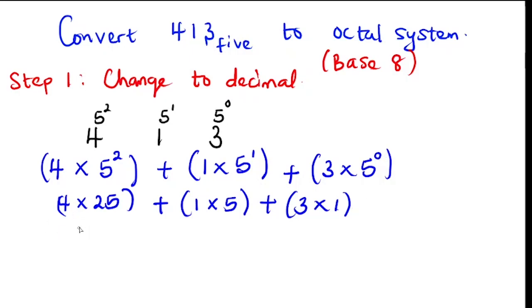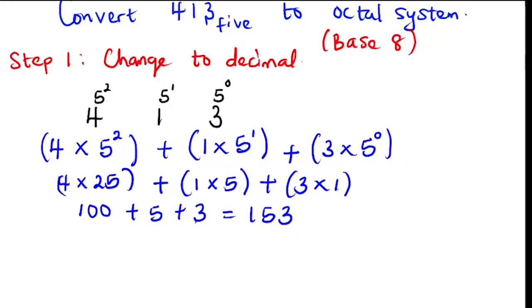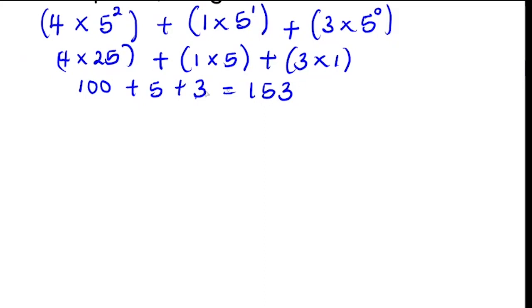If you simplify this, 4 times 25 gives us 100, and 1 times 5 is 5, 3 times 1 is 3. So this is 153 in base 10. There's no need to write the subscript 10. Once you leave it without the subscript, everybody will know that you are in the base 10 system, because this is what we use.